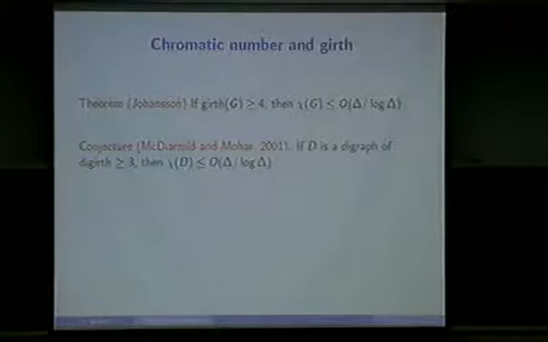Instead of delta, which is the upper bound in the Brooks theorem, you get delta over log delta, which is much better for large delta.